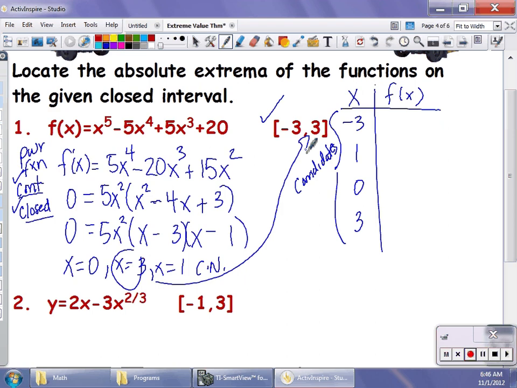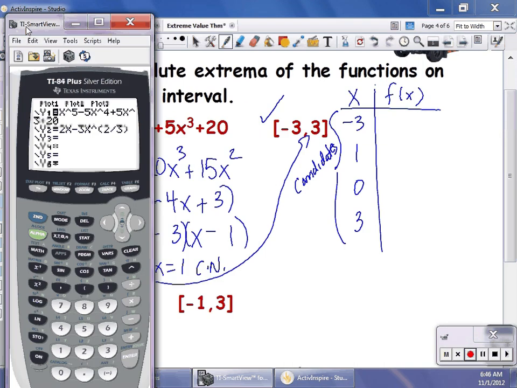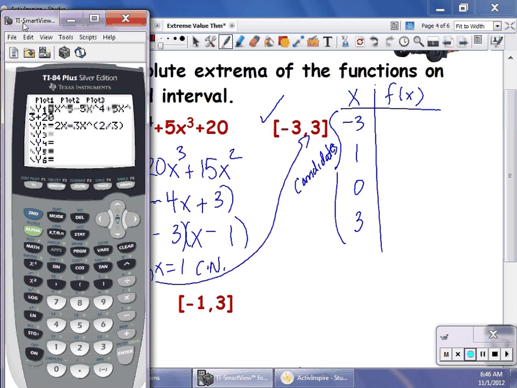All right, so then you're going to grab your calculator, which I already have up here. Notice I've already typed the function into my calculator. I have two functions in there. The second one is turned off. There are a number of ways that you can generate the values that you're looking for. I'm going to show you one way to do that in case you've never seen this before. If you go to second table set, notice that my calculator is set on auto for the independent variable.